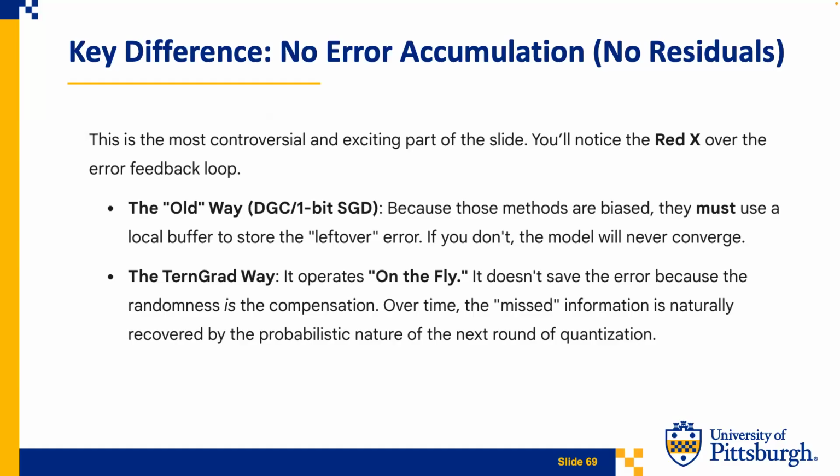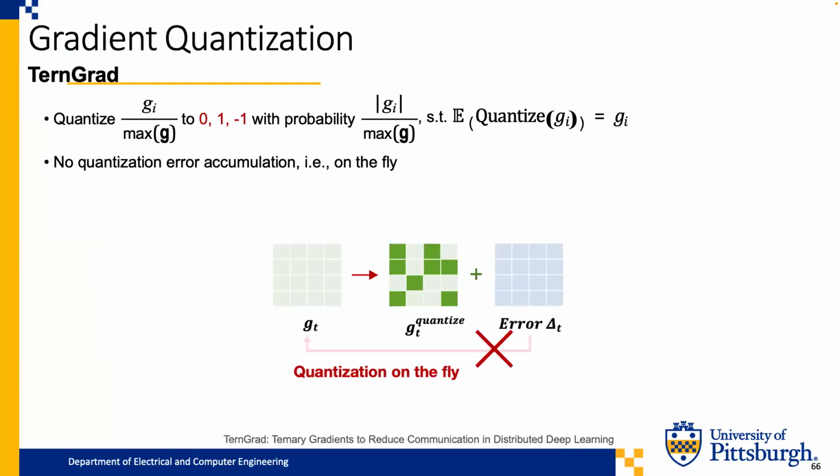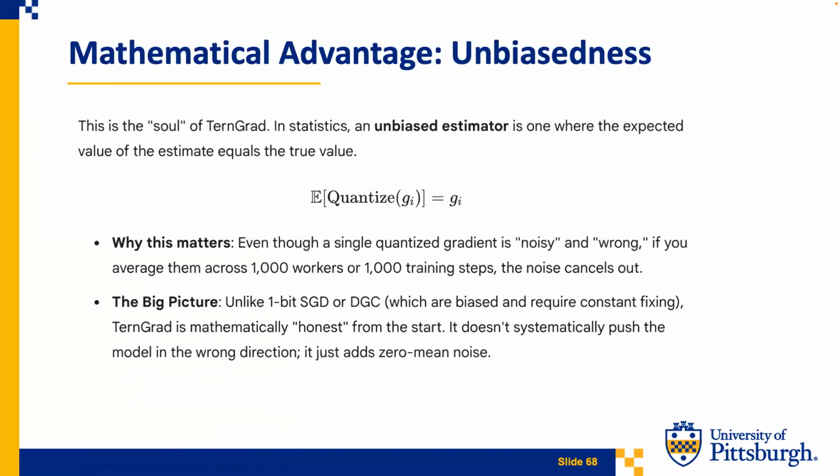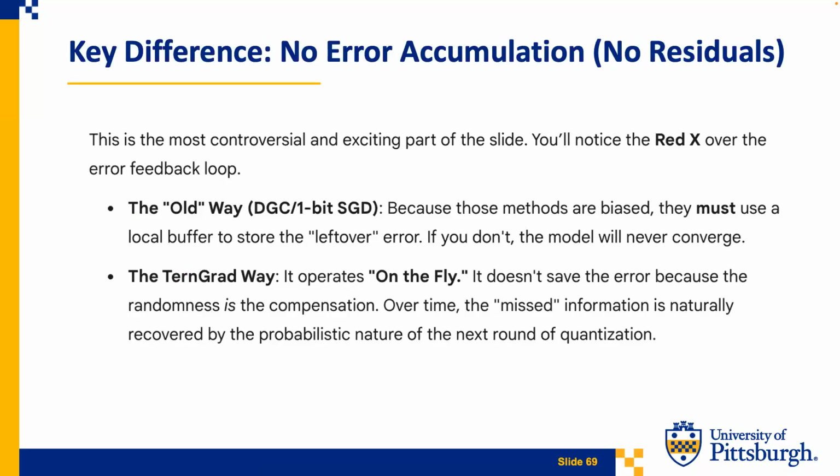And then if you look at the equation, we don't really need to keep the error, because we're just accumulating across so many workers and so many training steps, so the number is going to be the number itself. So we needed this, we don't need this. That's the key idea behind no residual.